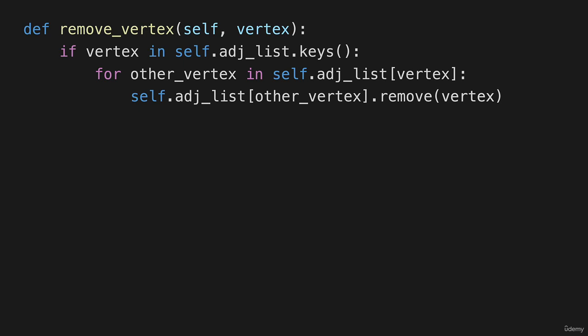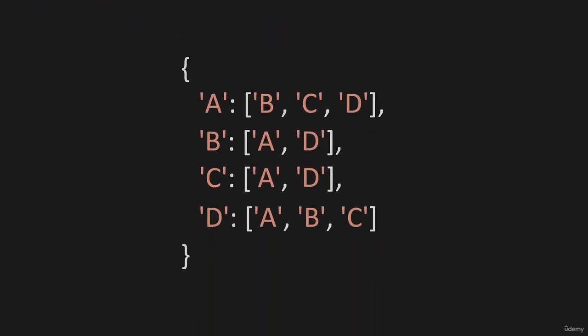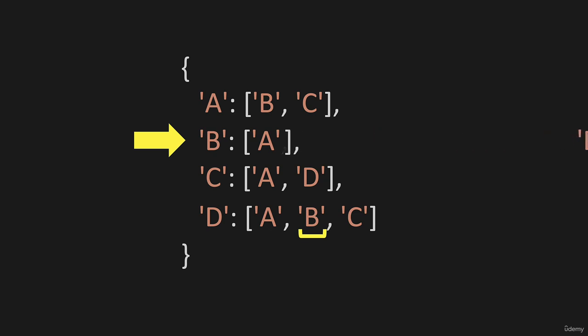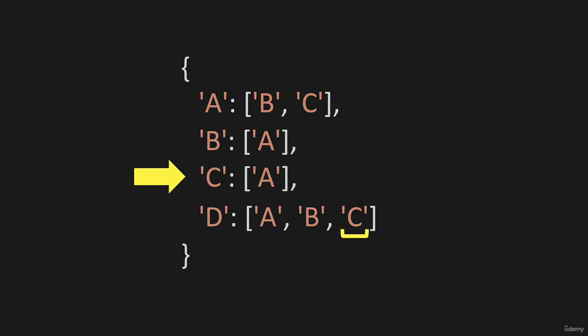Okay, so this part here, once again, is going to do this. Other vertex is A. We remove the edge. And then we're just looping through this list of edges.